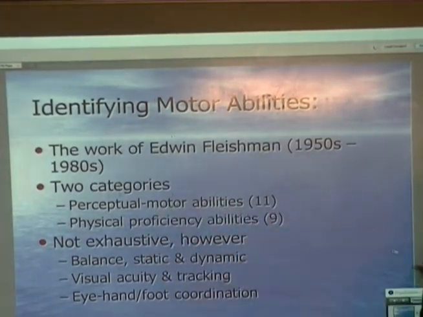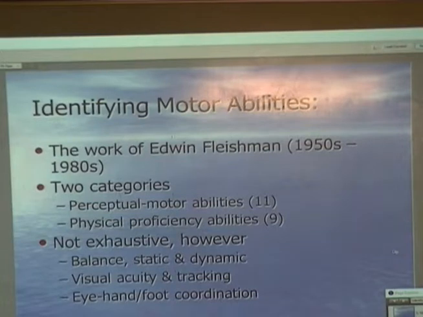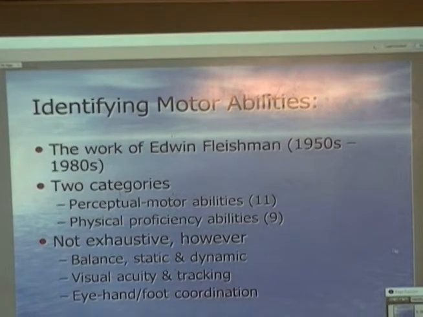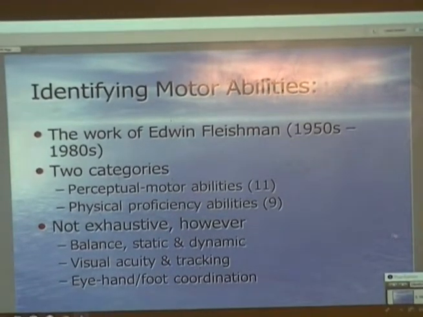He put skills under perceptual motor abilities or under physical proficiency abilities. It wasn't a complete list. He didn't look at balance. And we have static and dynamic balance. We know they're not the same.